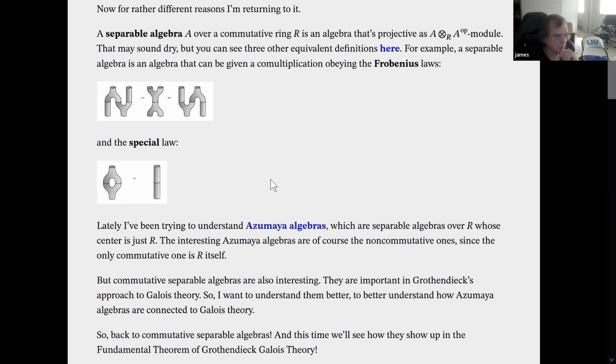Sorry, it's second cohomology with coefficients in the multiplicative group of your field. So that's what's classifying gerbes.